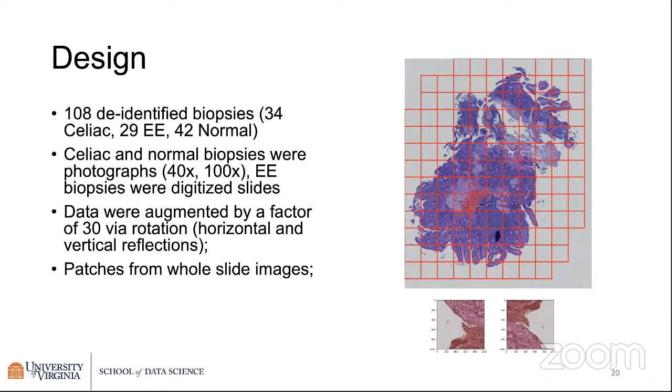The patches then are from whole slide images. So we're going to cut it up. We're going to grid this thing, and we're going to look at patches from the whole slide image, because our analytics can't deal with the whole slide, but we can deal with patches from the whole slide. I'm going to mention this color balancing in a minute, but that's a result of the staining, and it's a big deal for us in order to work on this problem.